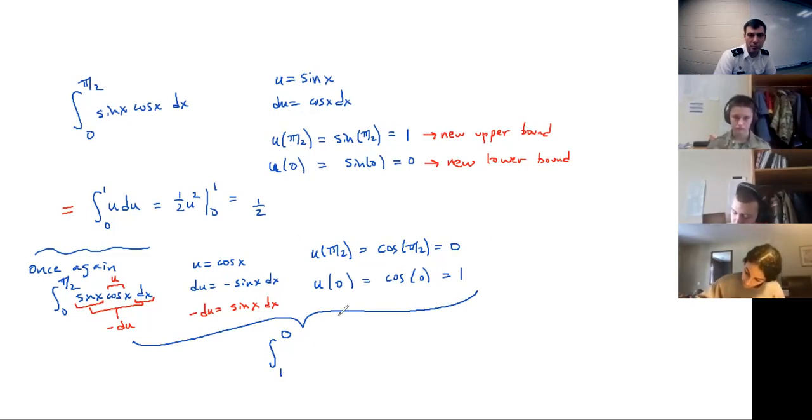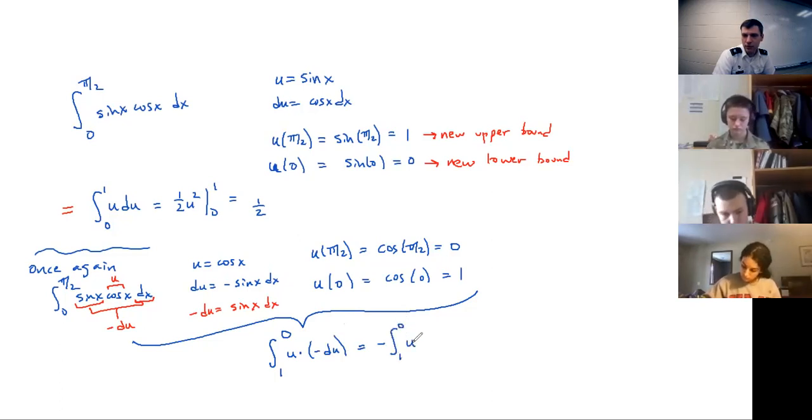And now my integral, I'm going to put it in sort of order. This is u times negative du, right? All right, and then this is the same thing as negative, the integral from 1 to 0 of u du, right? And now what do I want to do? Yeah, let's just go ahead and flip the bounds, right? 0 to 1, and now I'm back where I was before.